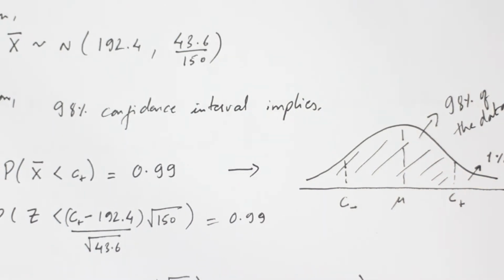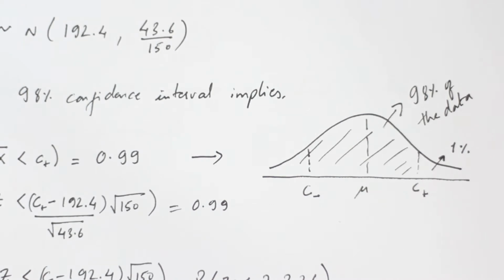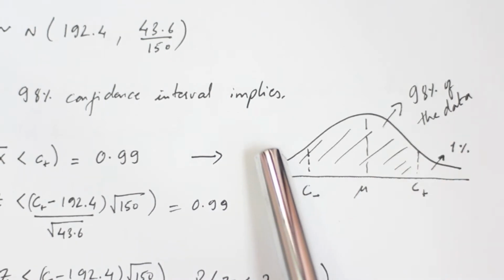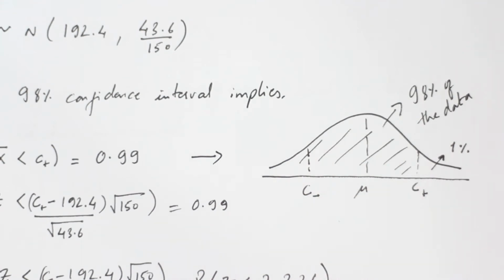So C minus and C plus is the confidence interval. These two numbers, C minus and C plus, will be the confidence interval. Now as you can see, if this is 98% here, by symmetry we know that the tails have to be 1% and 1%, right? Because 98 plus 2% gives you 100%.